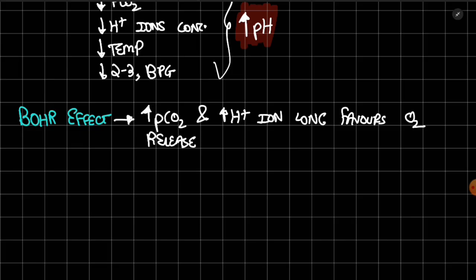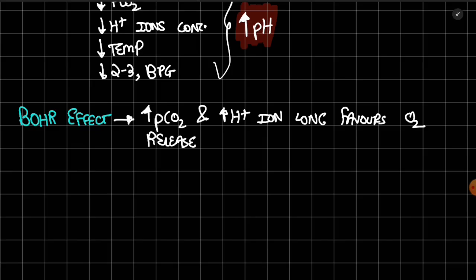The 2,3 biphosphoglycerate basically accumulates at the central position of hemoglobin where the O2 is bound. So the O2 is released and the 2,3 BPG is bound at that position. Basically, oxygen is released to the cellular level, so it can continue its metabolism. This is the Bohr effect.